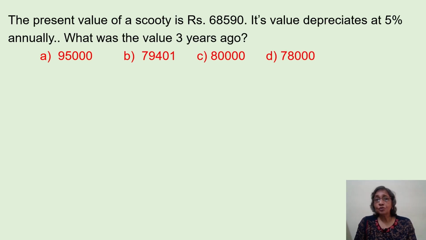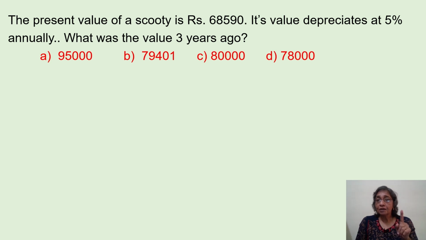The present value of a scooty is 68,590. Its value depreciates at 5% annually. What was the value 3 years ago? That means before 3 years, what was the value of this scooty?